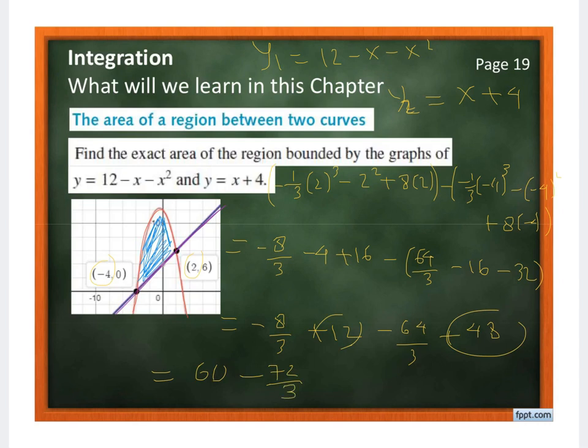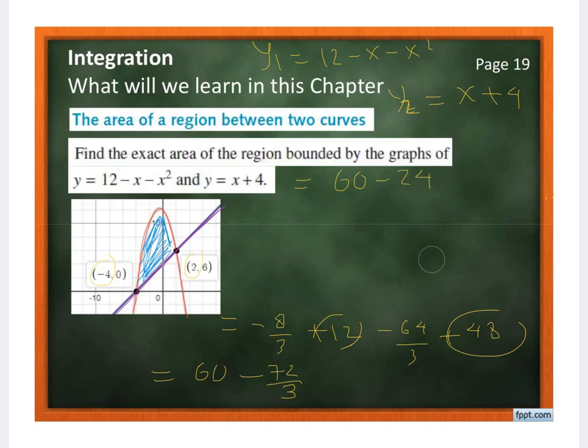So equal 60 minus 24, equal 36 square units.